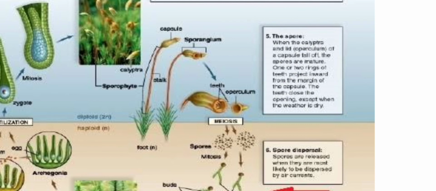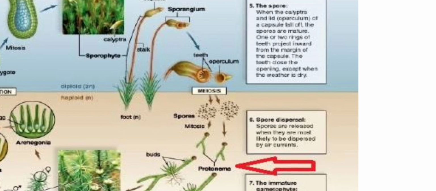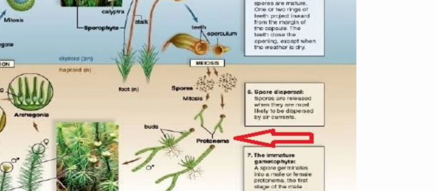Then the zygote divides and redivides to form the capsule or the sporogonium. Sporogonium is made up of three parts: foot, seta and capsule. Role of foot is to absorb the nutrients. Seta helps in the conduction of the nutrients and also places the capsule in dry air by elongation.